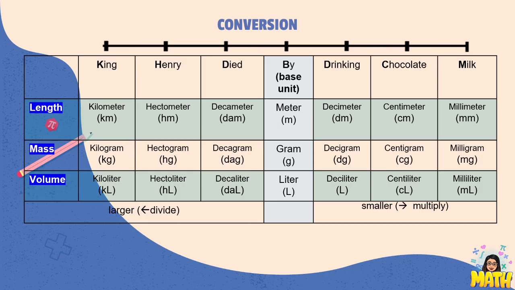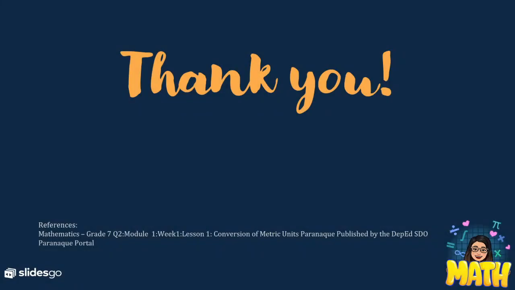So again, the units on the right side are smaller units or lighter units, while on the left side are for the heavier or longer units. This helps you easily convert units in the metric system.